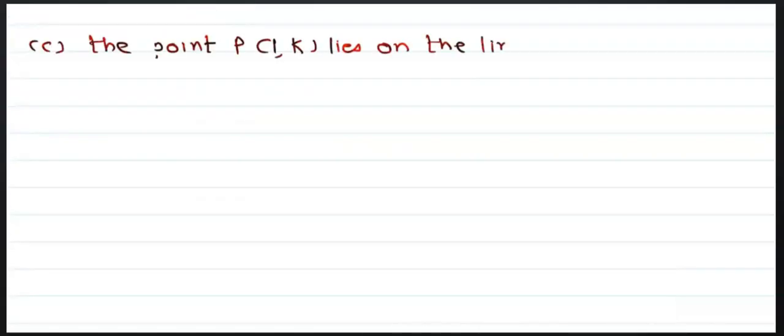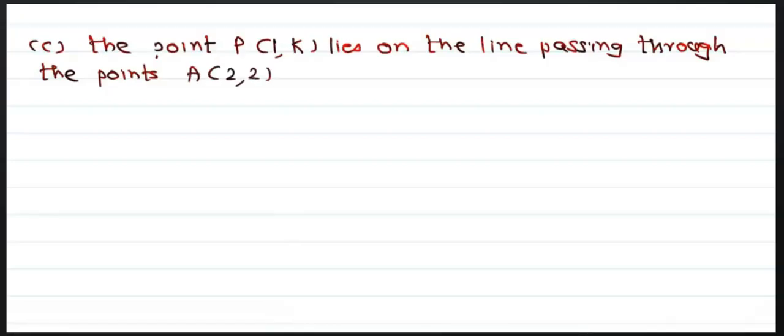The point P(1, k) lies on the line passing through the points A(2, 2) and B(3, 3).